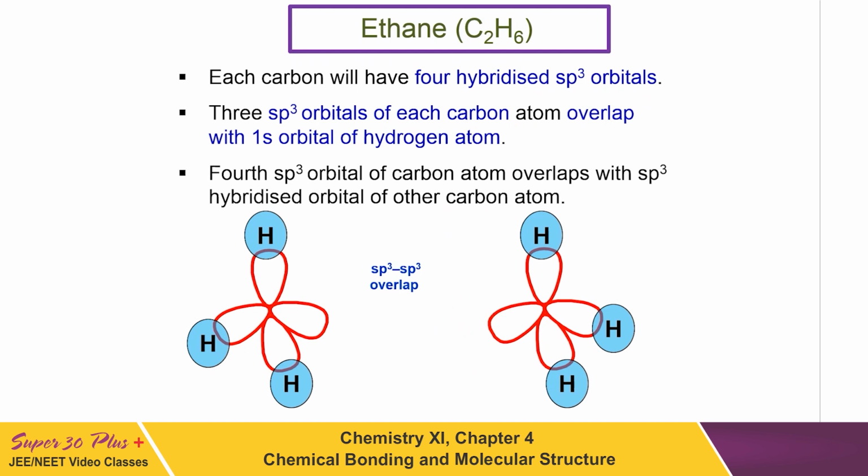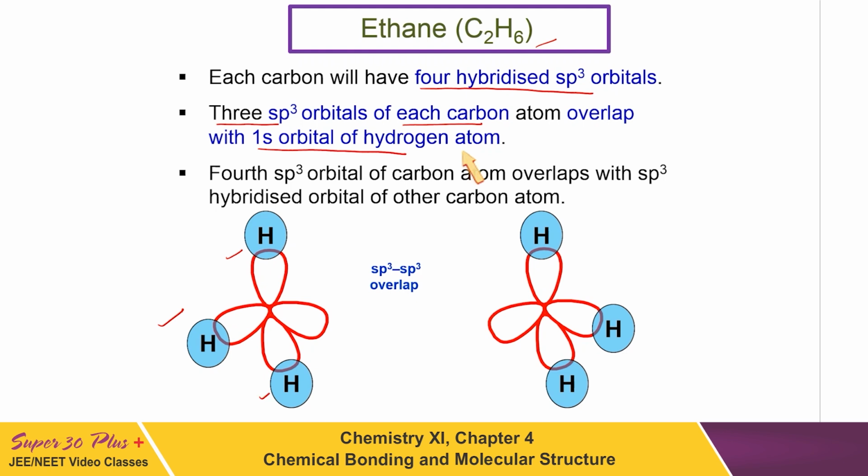The next example of sp3 hybridization is the formation of ethane. Ethane is an organic molecule, a hydrocarbon, having formula C2H6. In this, each carbon will have 4 hybridized sp3 orbitals. Out of these sp3 orbitals, 3 sp3 orbitals of each carbon overlap with the 1s of hydrogen like this.